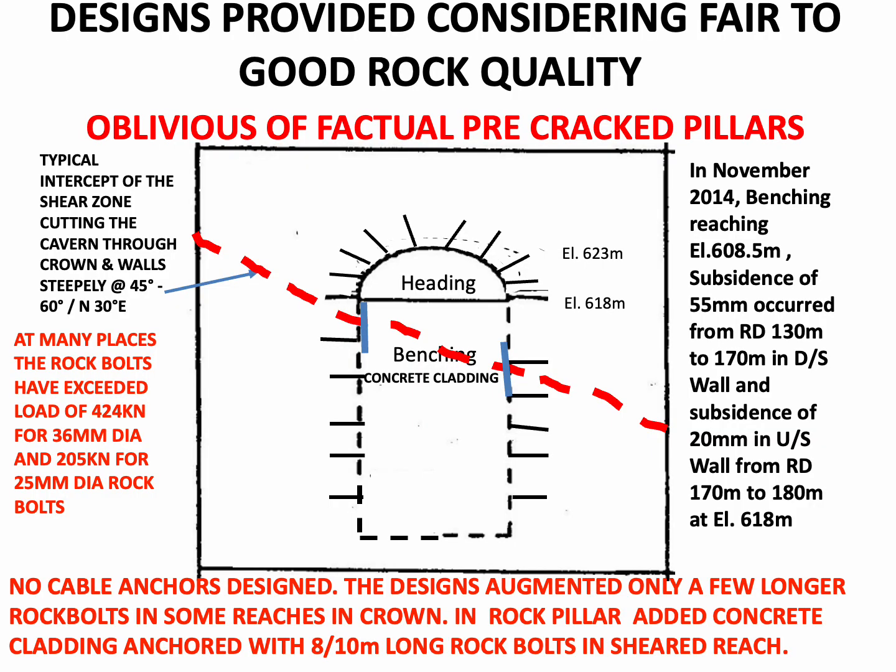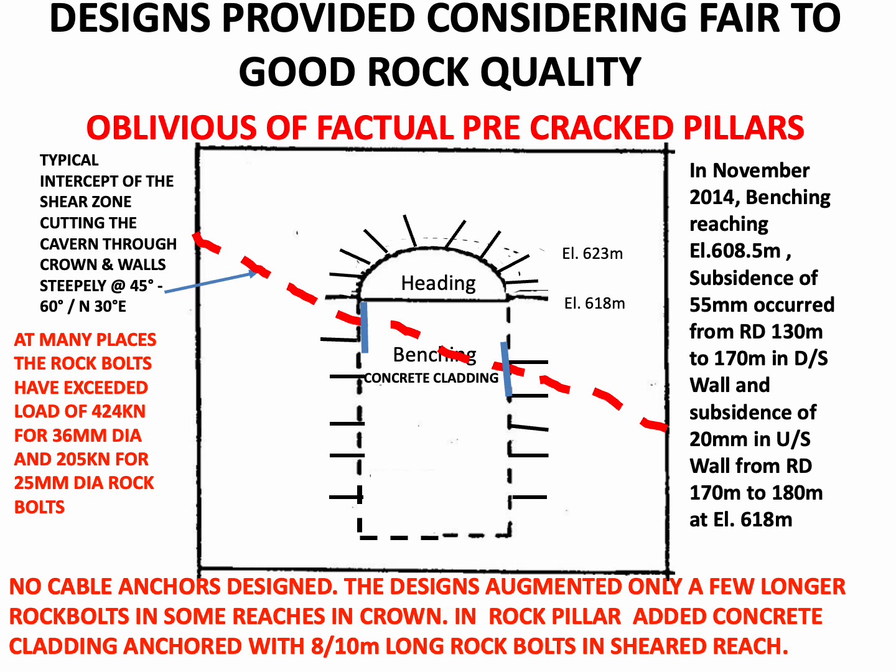As the excavations in Downstream Surge Gallery proceeded further in its benching, the shear zone was seen to be cutting both walls of Downstream Surge Gallery, and the shear zone was traversing at a steep dip of 45 to 60 degree north, 30 degree east.